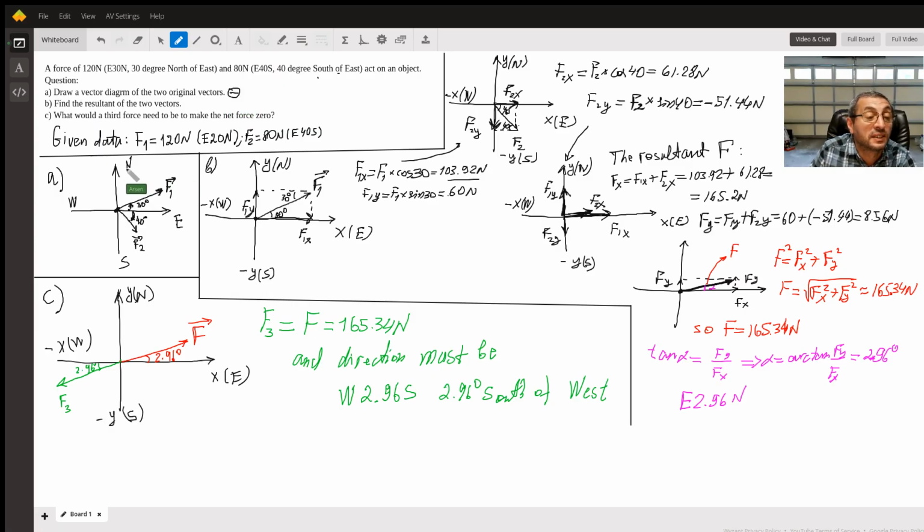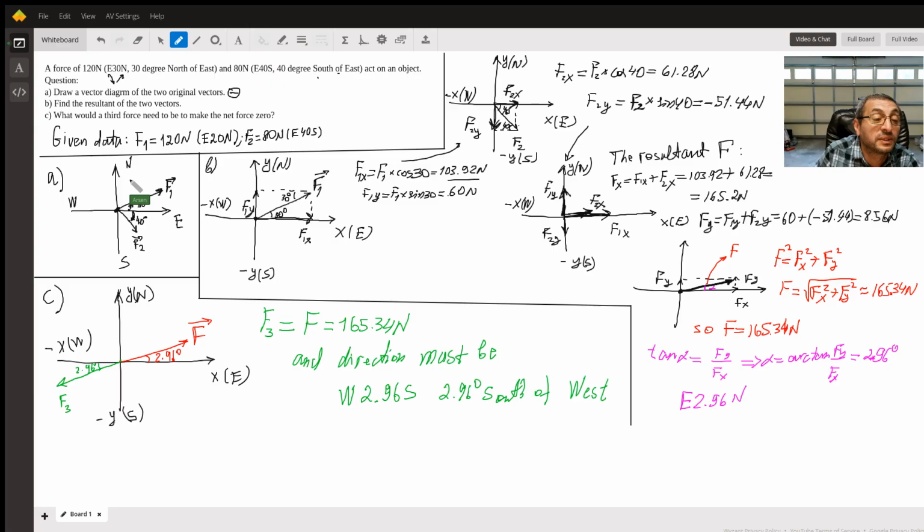So first we have to draw our north, east, south, and west. And then, the first force has magnitude 120 and the direction is 30 degrees north of east. When it says north of east, we have to start our angle from east and it should go towards north.